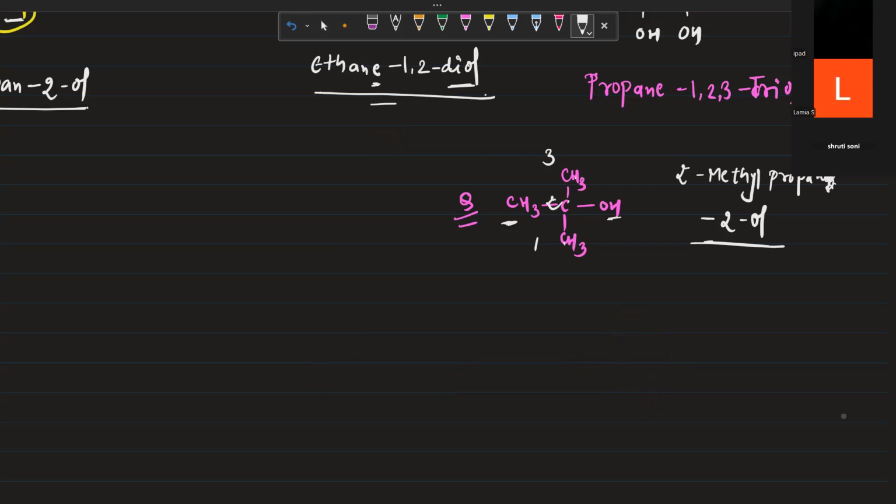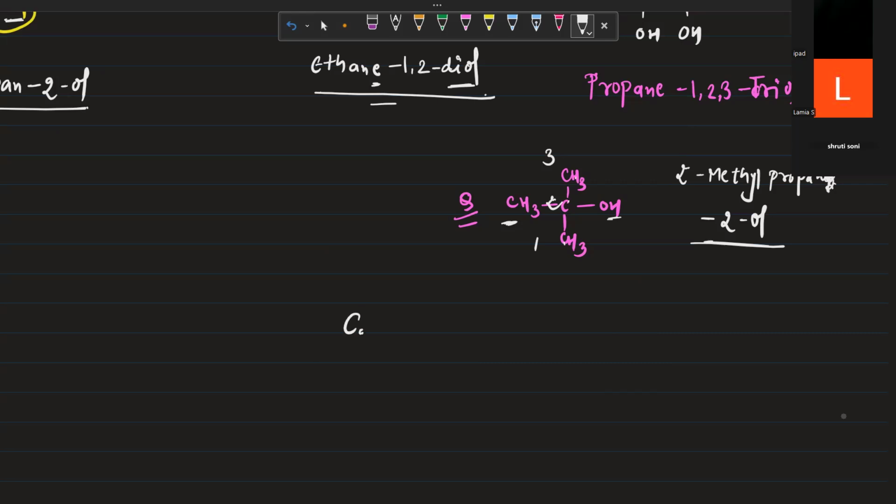So methyl, ethyl, propyl, butyl, in general we call all these groups alkyl groups. Do you understand? Yeah, like if it's branching out of a chain or something.